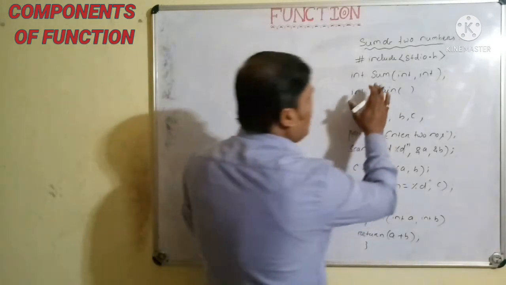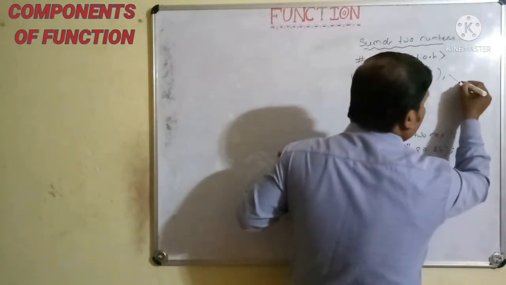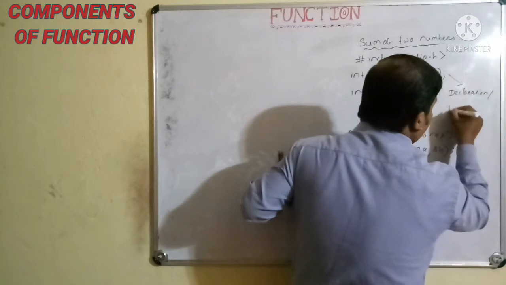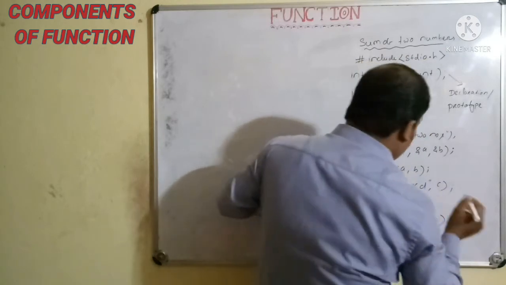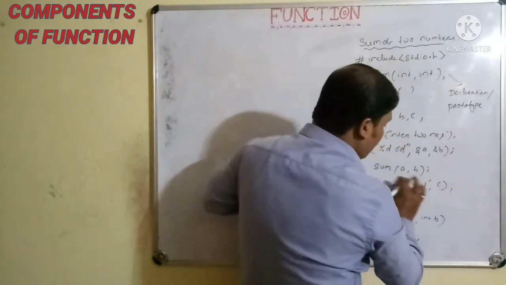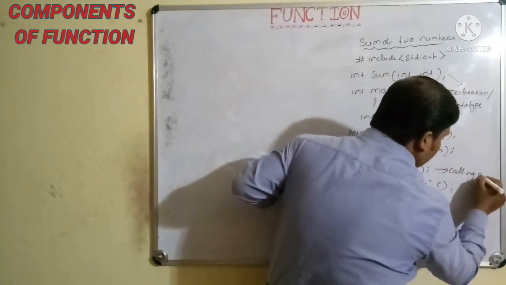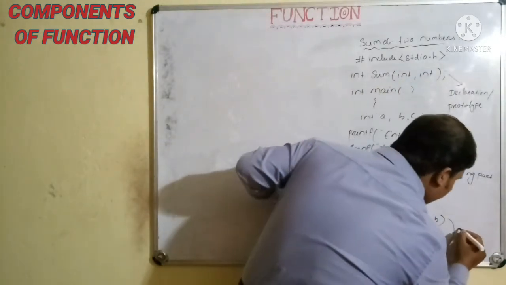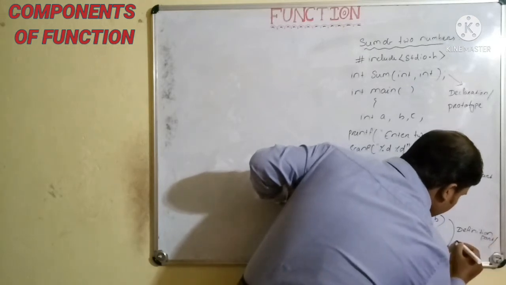Now, I have already discussed in a previous video. This is the function declaration or prototype. Here we have called the function; this is the function calling part, and this is the function definition part, or called part.